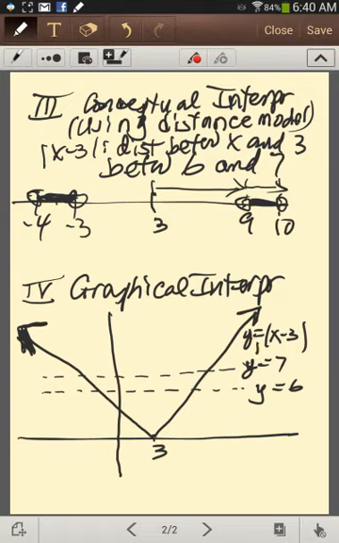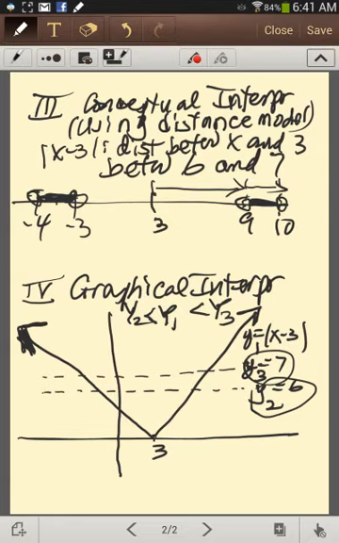We could call this y1, absolute x minus 3, y2, y3, and the original inequality can now be interpreted as y1 is greater than y2, less than y3, which means we can think of it graphically as determining points on the absolute value graph which are between the 2 horizontal lines, y equals 6 and y equals 7.